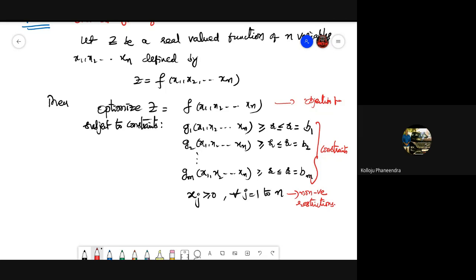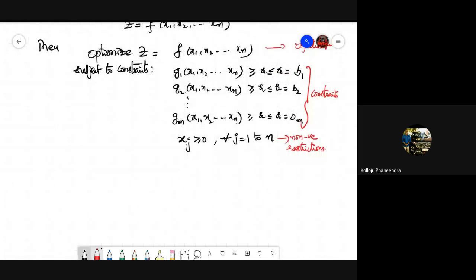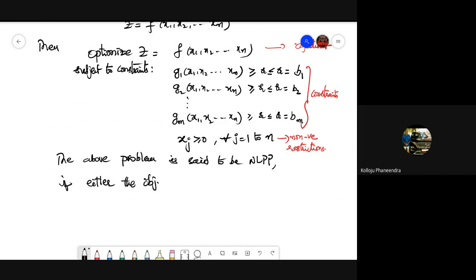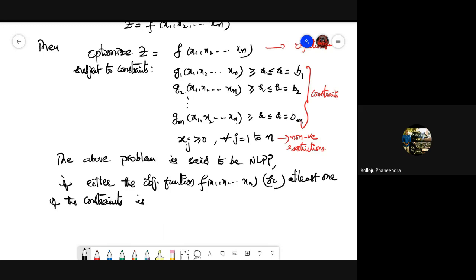Now, the definition of nonlinear programming problem. The above problem is said to be a nonlinear programming problem if either the objective function f of x1, x2, xn, or at least one of the constraints is non-linear.